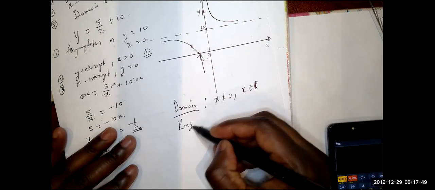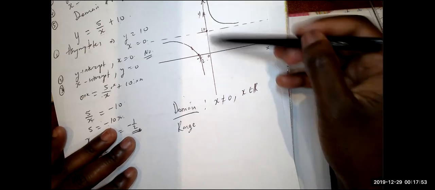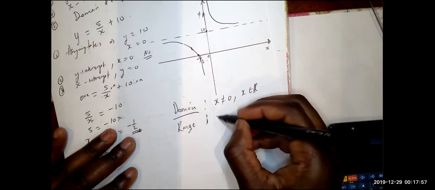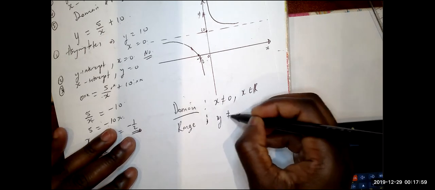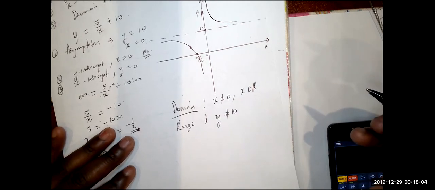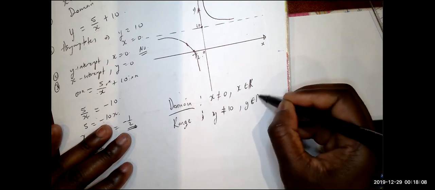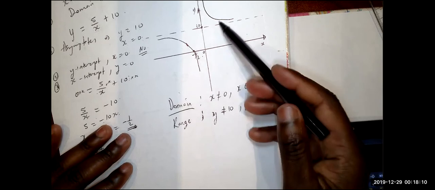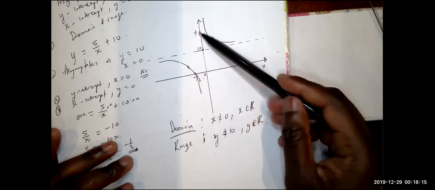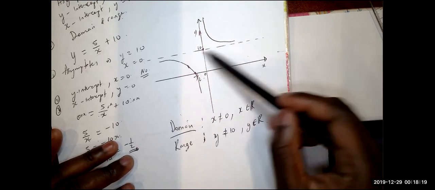In that case, the range, in terms of y, you can see that y cannot be equal to 10. So we simply write the asymptote here: y cannot be equal to 10, and y is an element of real numbers, because it can attain any value here except 10, because 10 there is actually an asymptote.